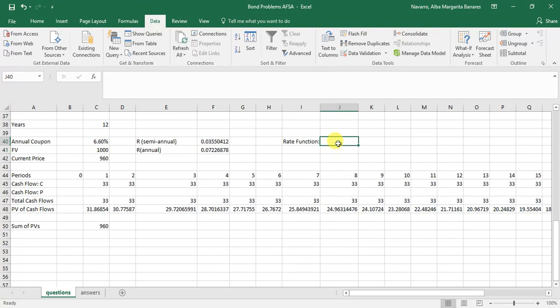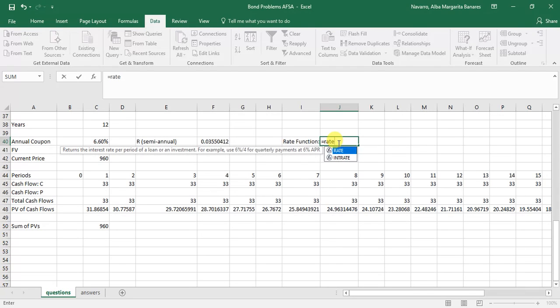You could also do this through the RATE function. So we did all those steps, but now I'll show you a quicker way to do it. Go RATE, number of periods. So we had 24 periods. Our payment was 1,000 times 6.6% divided by 2.